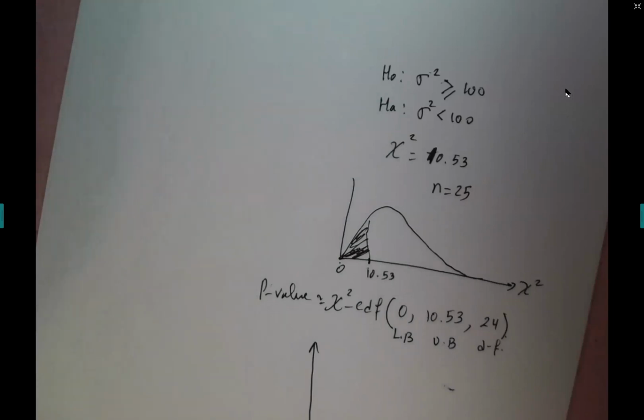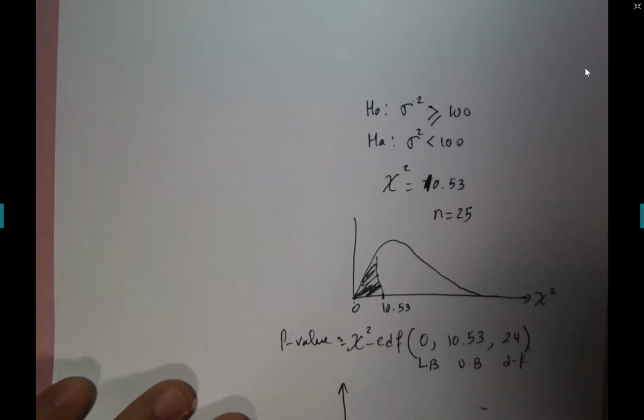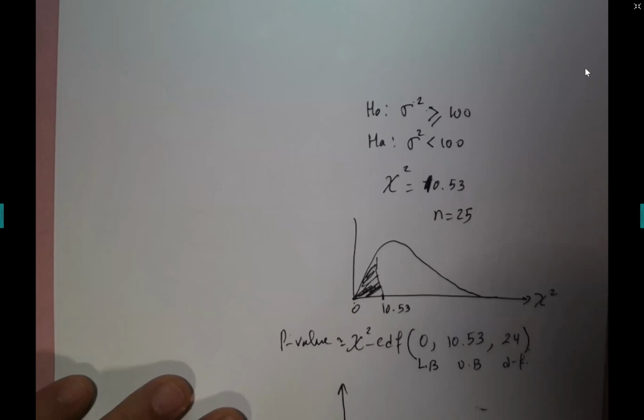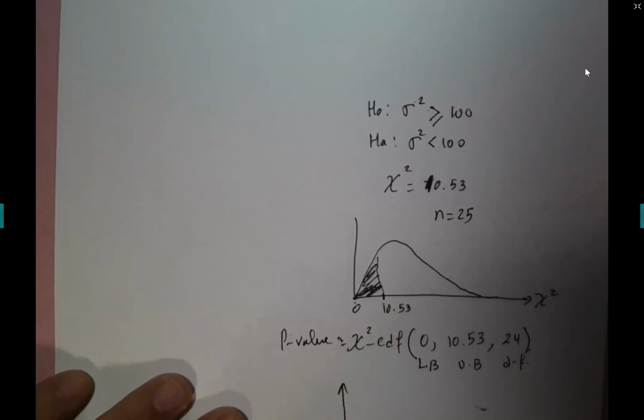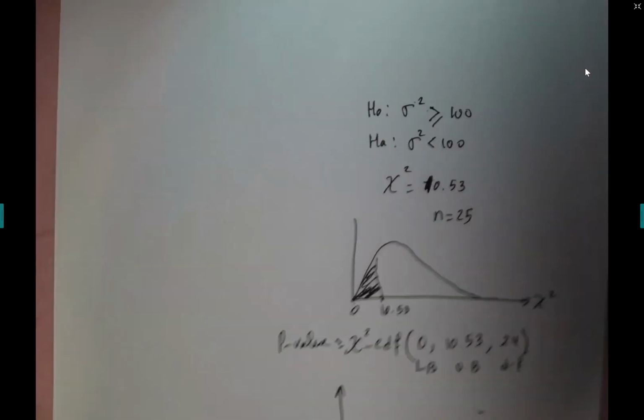So this is pretty much it. You're going to get another example, guys, from me when you do the bonus assignment, different from this one. So just read it and mimic what I did to get full credit on the bonus assignments. And again, to find the p-value for a chi-square distribution, let me show you again, guys.